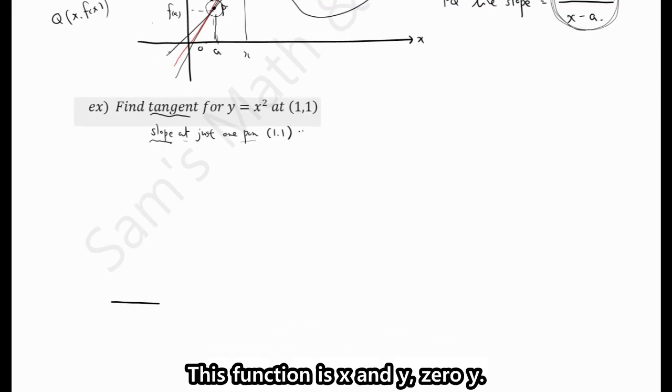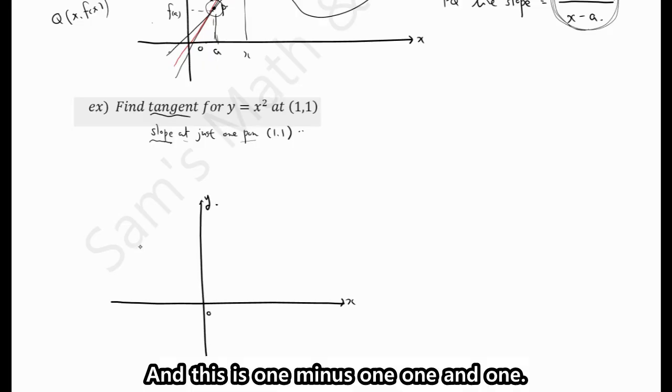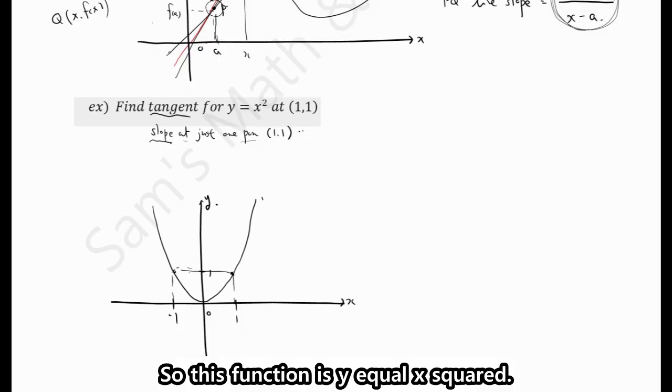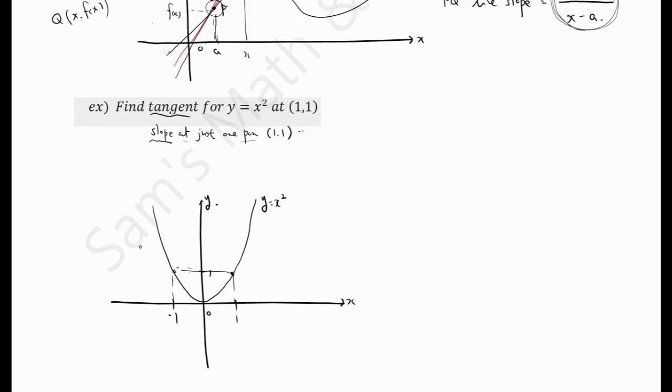This is x and y, 0, and this is 1, minus 1, 1, and 1. So this function is y equals x squared.